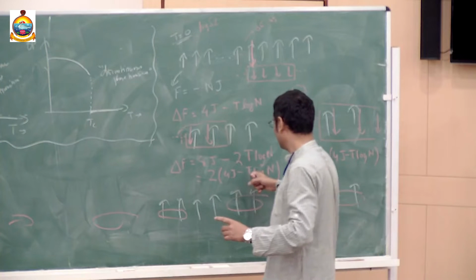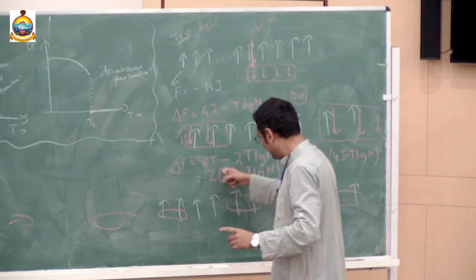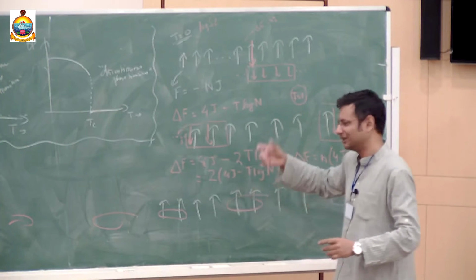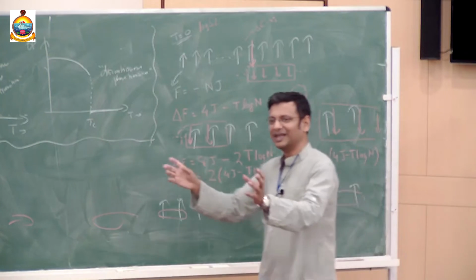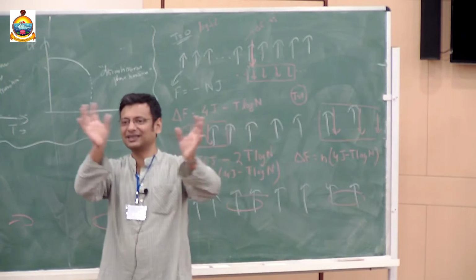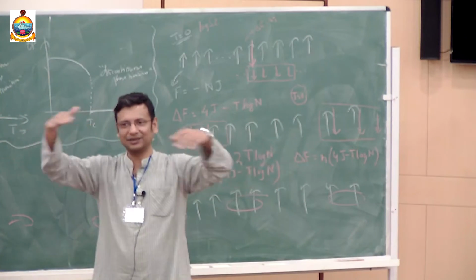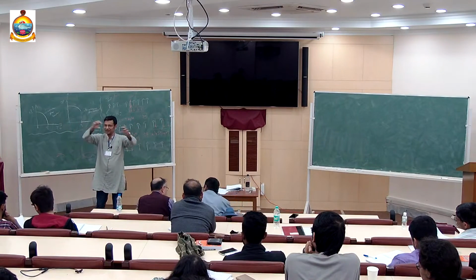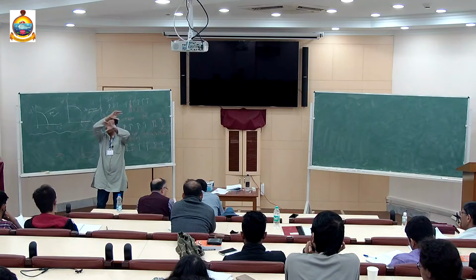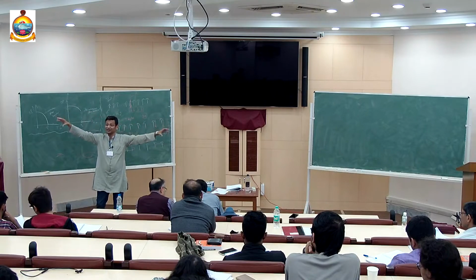And that entropy gain really compensates a lot more than the energy cost, right? Because the entropy gain is increasing as log of n, right? And then, because these patches can just be anywhere, they'll just try to minimize the free energy by maximizing the entropy. And then these domain walls will just freely move around in your entire system.